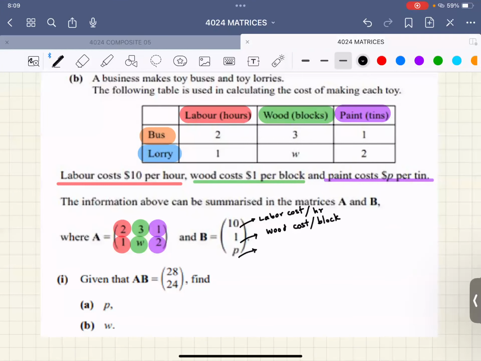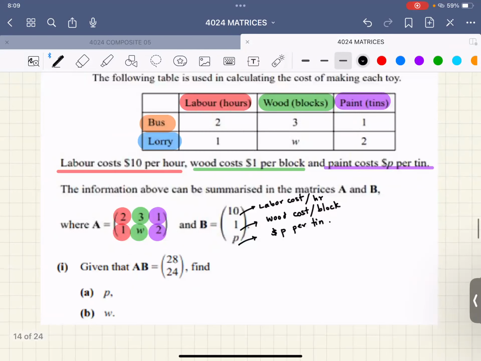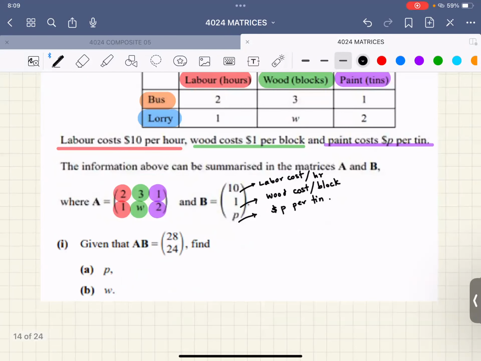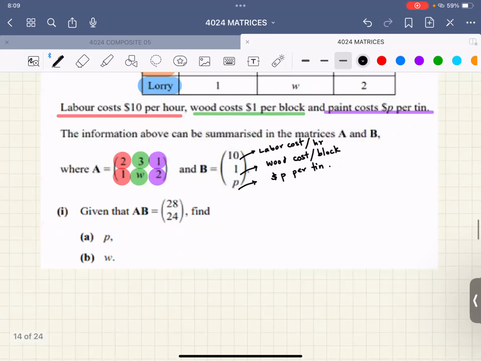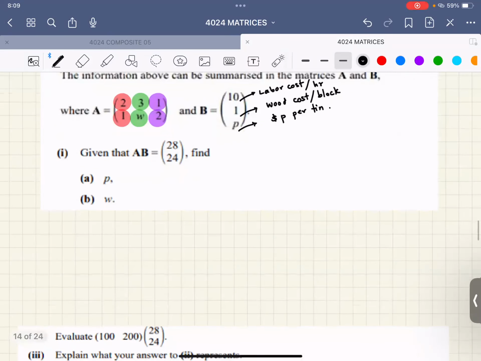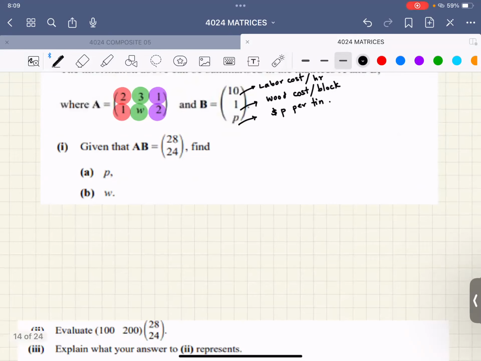And this P is what? That is $P per tin. That is what is over here. Now, given that AB is this much, find P, find W. Now, first of all, let me write. This is 2, 3, 1, that is 2 and 3 and 1 and 1 and W and 2.